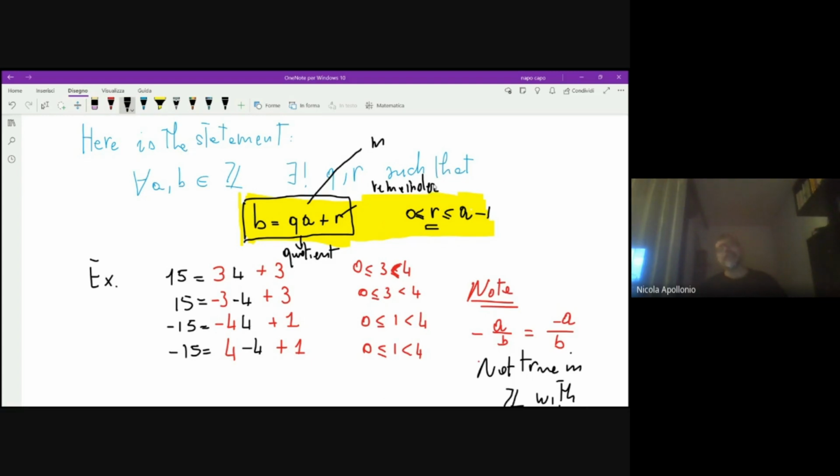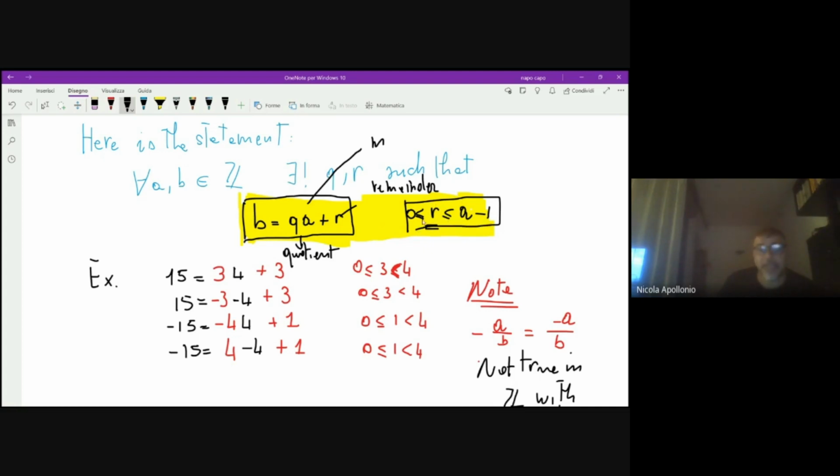So we can think of this remainder as the approximation error when we try to approximate B by a multiple of A from below.